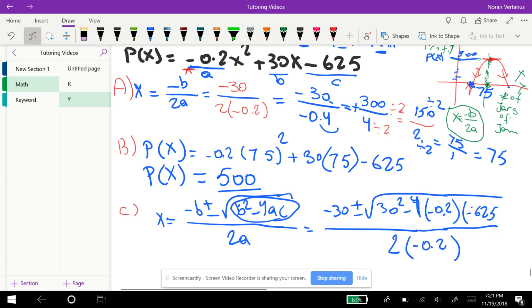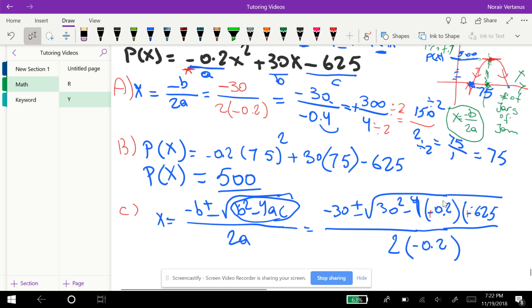First, I'm going to calculate the discriminant, so b squared minus 4ac. 30 squared minus 4ac. But we have three negative signs, so this and this are going to be positive, so it's again subtraction. Minus 4 times negative 0.2 times c, negative 625.